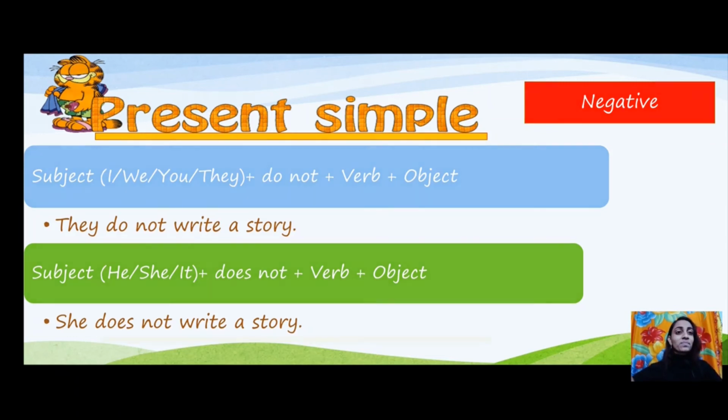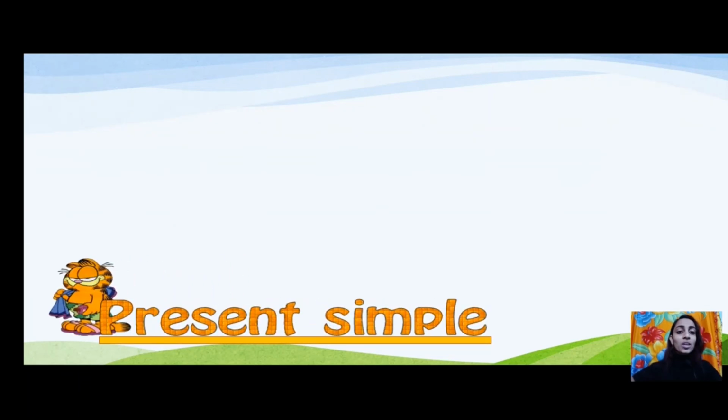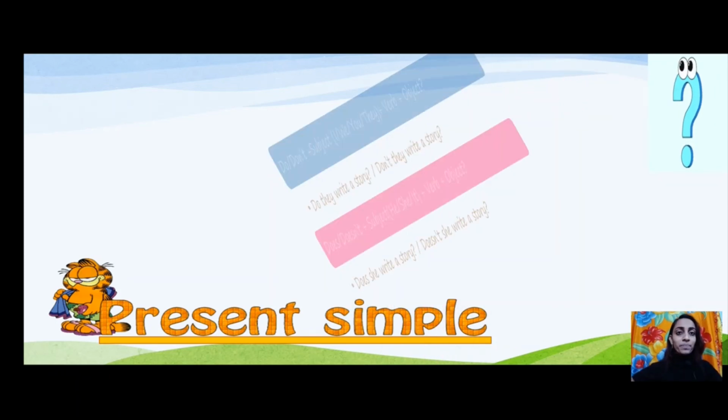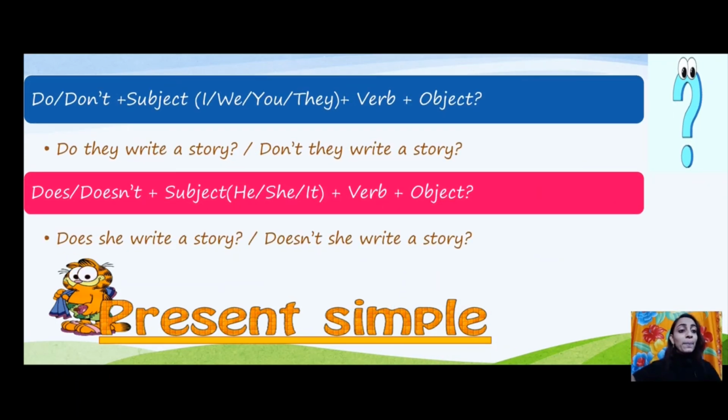Clear? Now, let us talk how to frame interrogative sentences in simple present tense. Again, depending upon the subject, we have two structures. By this time, we are very clear that with plural subjects, that is I, we, you, and they, we always use the auxiliary verb do, and with the subjects he, she, it, which are singular subjects, we use does.